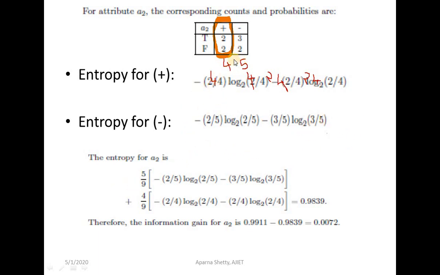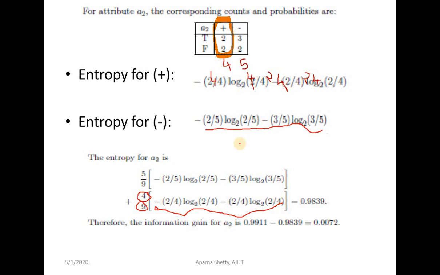The total count of minus is 5 records, divided by the total number of records, 9, into this value, minus 2 by 5 log to the base 2 by 5 minus 3 by 5 log to the base 3 by 5, that is the entropy for minus, plus the total number of positive records, which is 4. So it is 4 divided by 9 into the entropy for plus.